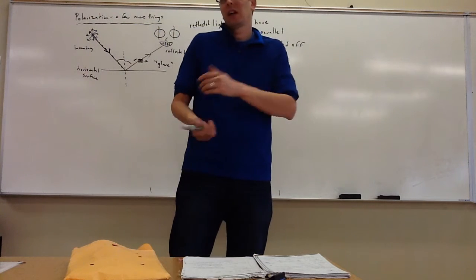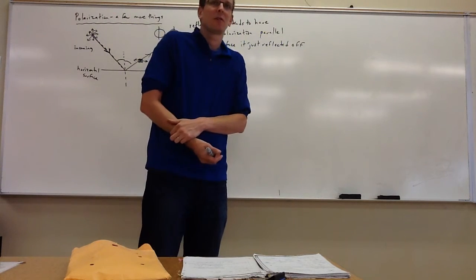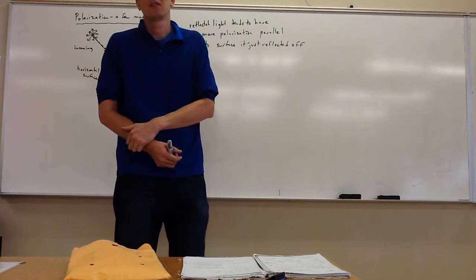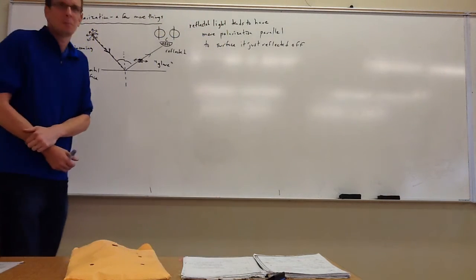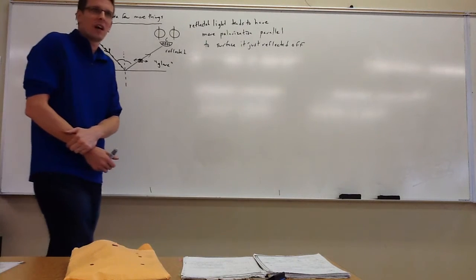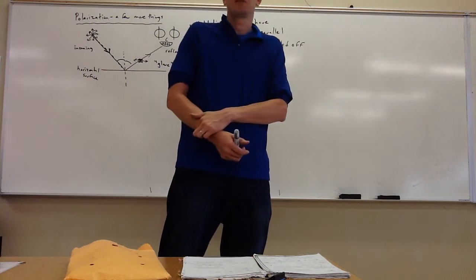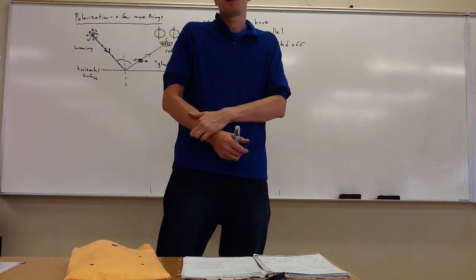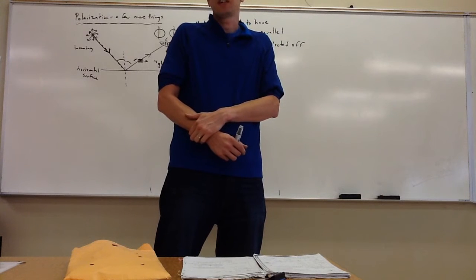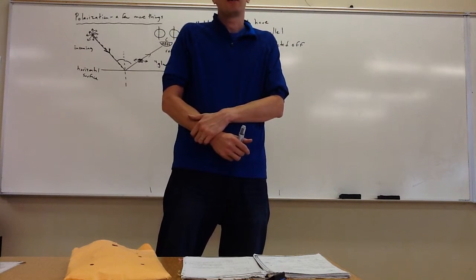So if you ever get a pair of polarized sunglasses, sometimes you can even look up in the sky and tilt your head like that, and you can notice that the brightness of the sky is changing. The reason why is because, if you're not looking directly into the sun, which I don't recommend, and you're looking anywhere else at the blue sky, the reason you're seeing blue sky is because of light being reflected off the back of atmospheric particles. So you're getting reflected light when you're looking at blue sky.